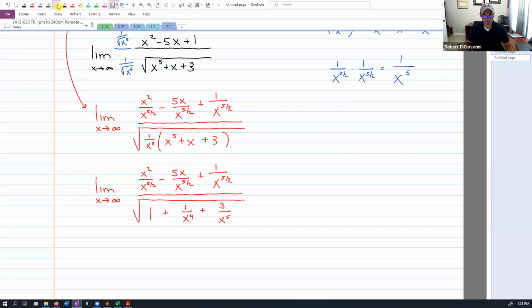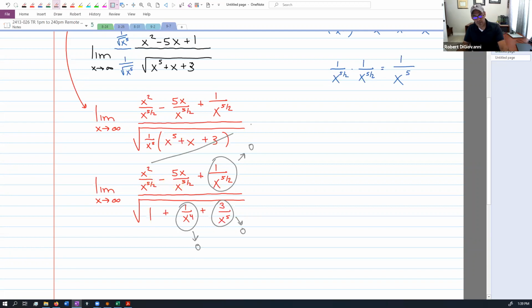I'm going to circle the ones I know go to 0. That goes to 0 for sure. That goes to 0 for sure, because I have fixed over something that's going to infinity. The only two I need to kind of convince myself of are these two.